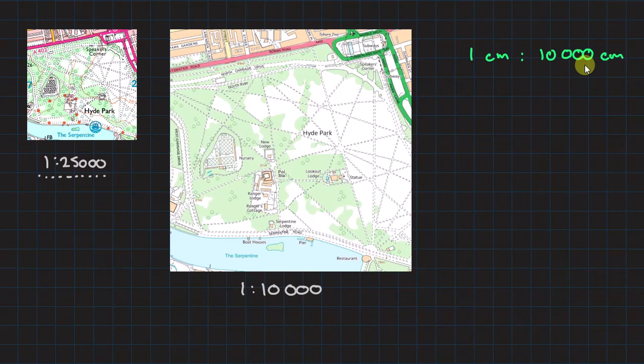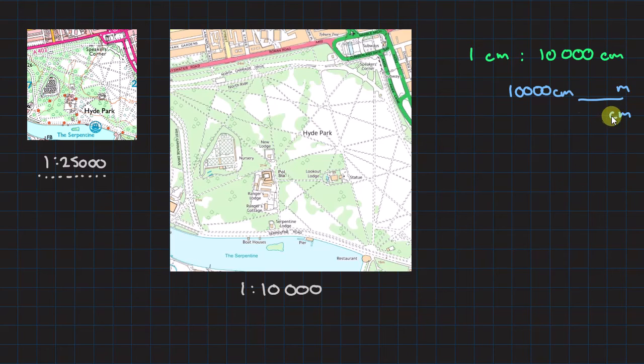So 1 centimetre is 10,000 centimetres. I want to convert the units on the right hand side, so I'm going to use my conversion routine. So 10,000 centimetres can be turned into, take the denominator, so centimetres on top cancels with centimetres underneath.